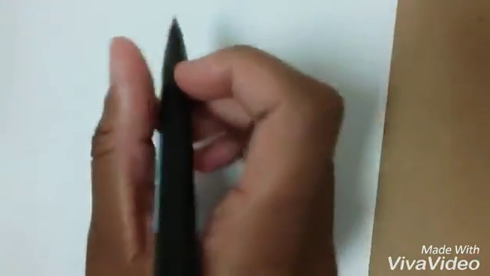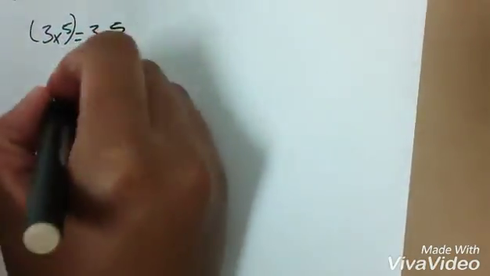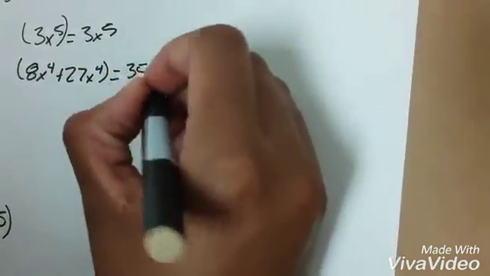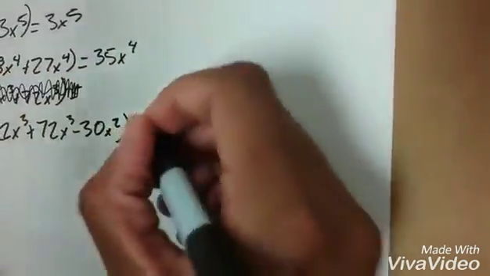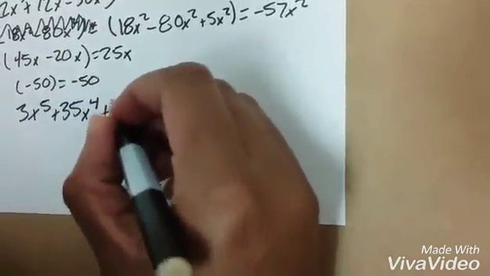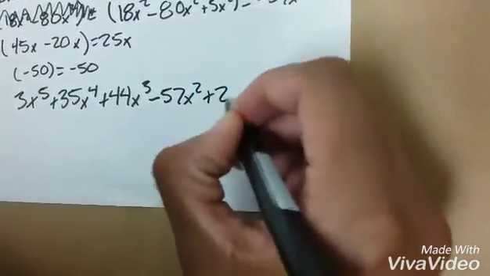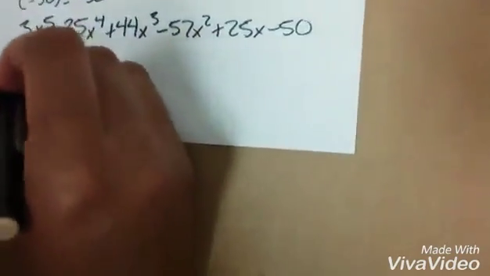So now, with them grouped, we're going to combine like terms. And this would be the product.